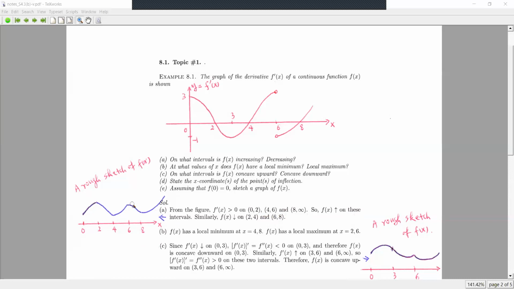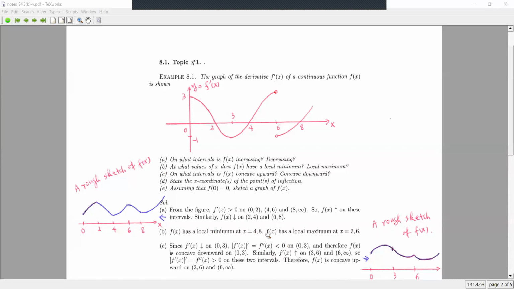Now, from this rough sketch of the function f, I can answer B. When x is 2, I can see that the curve has a highest point locally. And also at 6, the curve has a highest point. So at 2 and 6, the function f has a local maximum.